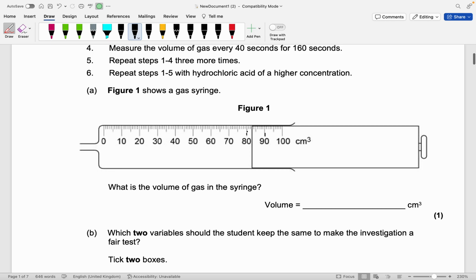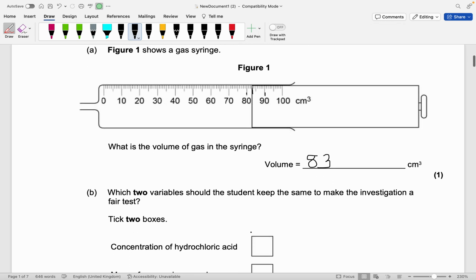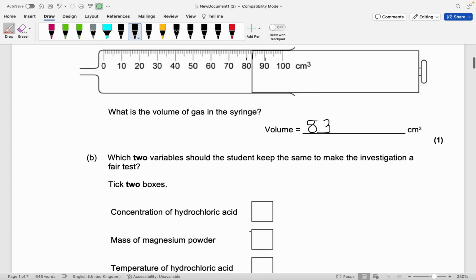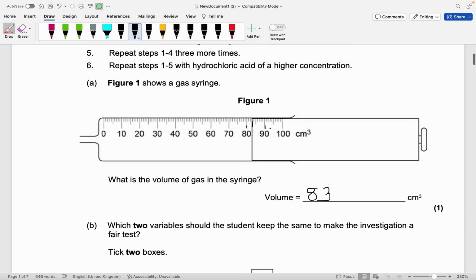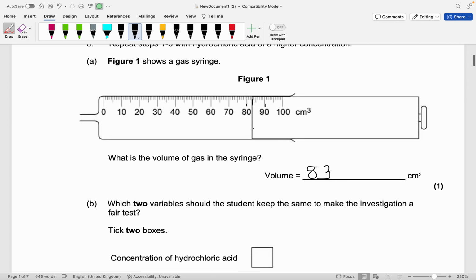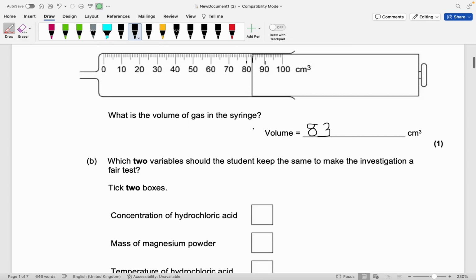If we count up from 80, we've got 80, 81, 82, and our gas syringe here is at 83. So we know that the volume of our gas syringe is 83 centimetres cubed. That's fairly straightforward. Just remember, if it is a different value for each of the little graduations, then make sure you work that out. But obviously in this case it was quite straightforward.